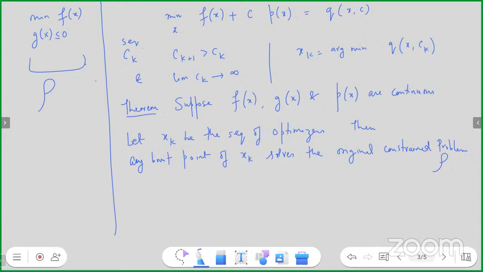Those are all the propositions we need. Nothing more is needed. So you know that f of xk is increasing, right? And it is bounded above by f of x star. The last proposition.